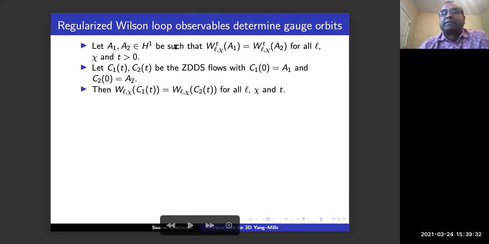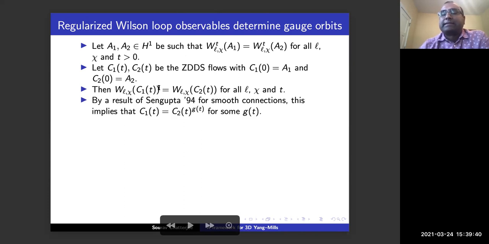Then from this first point, we know that W_L chi of C1T is W_L chi of C2T for all L, chi and T. So if you fix a time T, then you have two connections, C1T and C2T, which have the same Wilson loop observables for all loops and all characters.